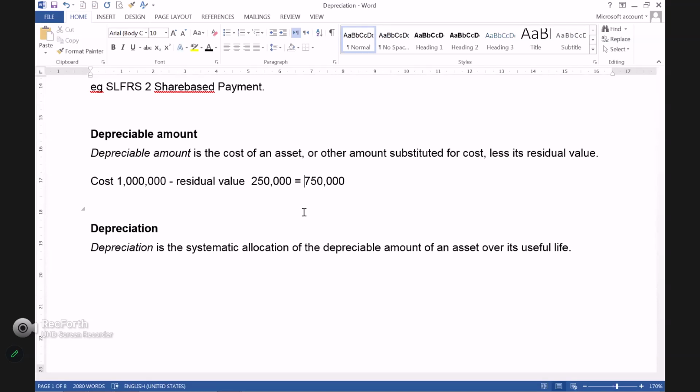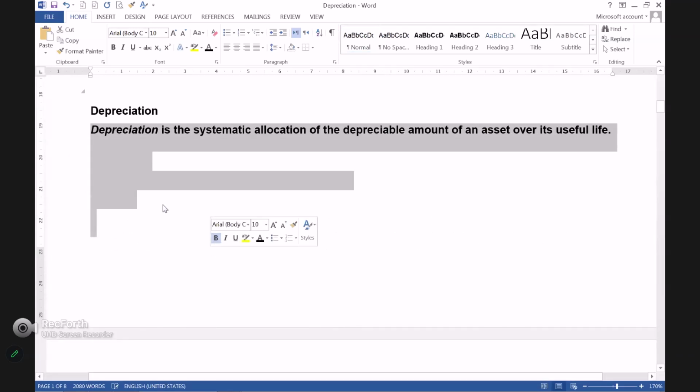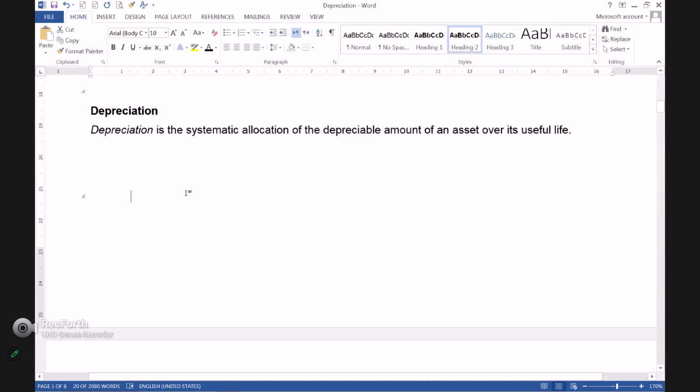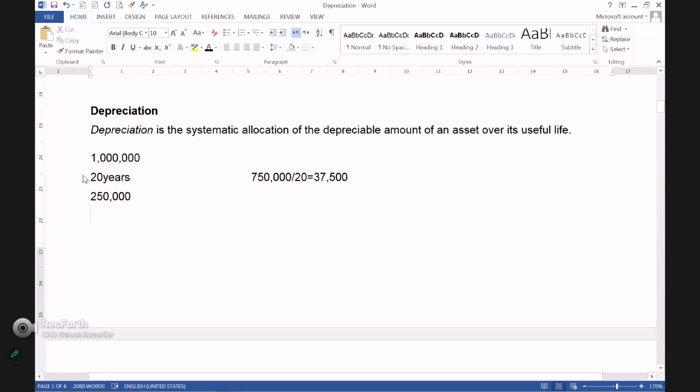Depreciation is a systematic allocation of the depreciable amount of an asset over its useful life. What do you mean by systematic distribution?